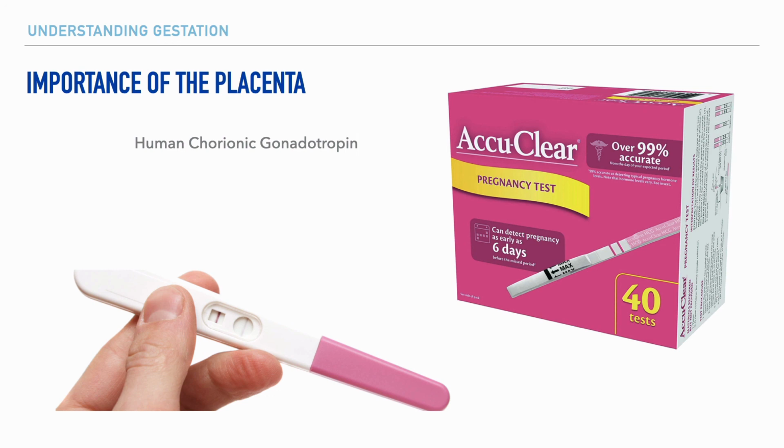Now, it's important to note too that the placenta plays a vital role in the release and or regulation of other important hormones that will be of importance over time. So let's talk about just a few of those now. The first of these is the hormone HPL, which stands for human placental lactose, and the second hormone is placental prolactin.